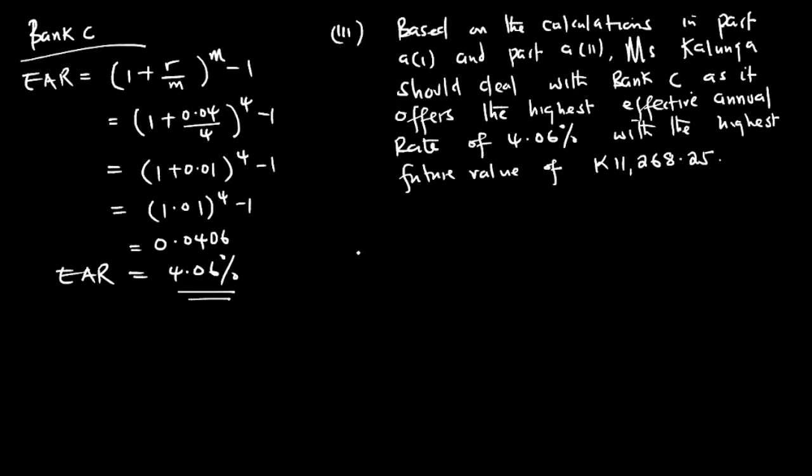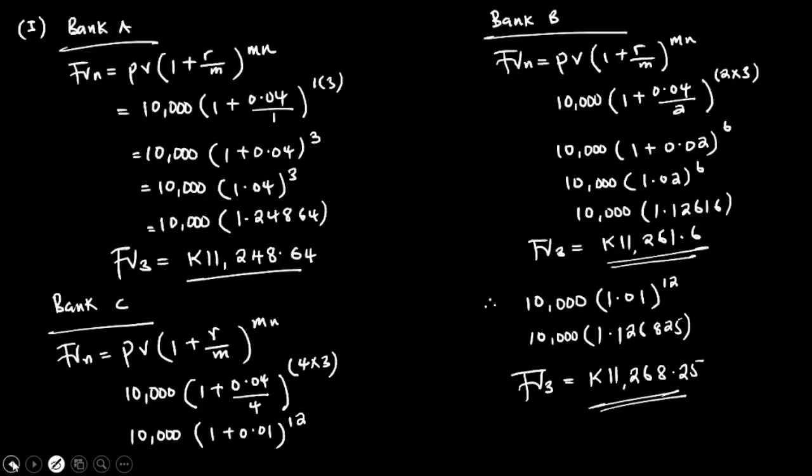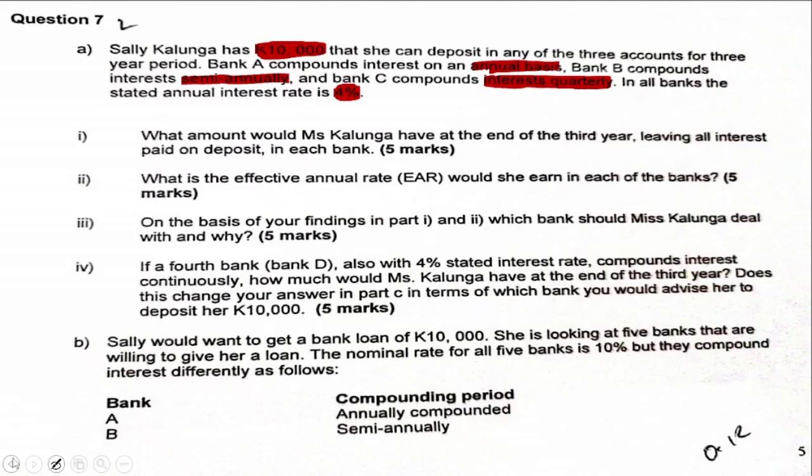We continue as we look at 4. Question A, Roman numeral 4. We are told that if a fourth bank, which is Bank D, also with 4% stated interest, compounds interest continuously, how much would Ms. Kalunga have at the end of the third year?